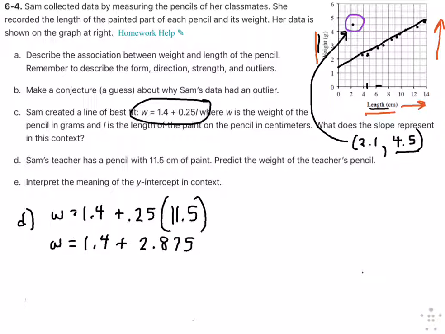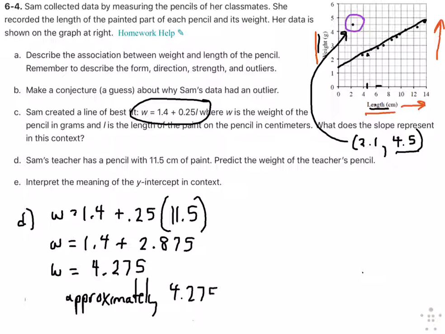Okay. So the weight comes out to 1.4 plus 2.875, that's 4.275. So I would say approximately 4.275 grams, because we're using grams.